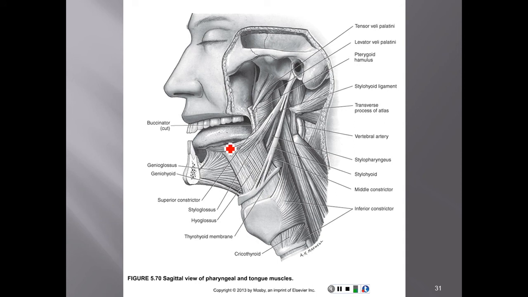And you can identify those glossal muscles that we spoke about earlier, the genioglossus, styloglossus, and the hyoglossus. All act on the base of the tongue and help for movement of the tongue.